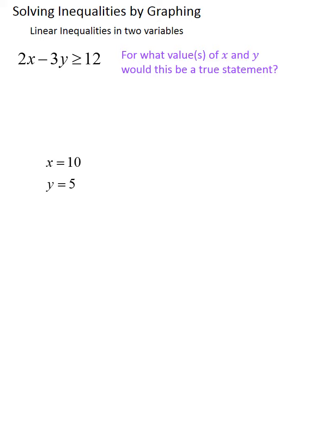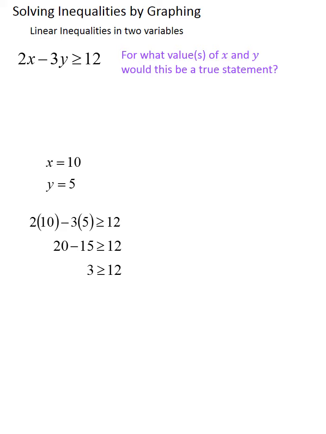Again, I'm not suggesting that you should plug random numbers into the problem. That's not an efficient solving technique. But for the moment, just think about these two values. If I were to plug them into the inequality and did the math, I would get a false statement. 3 is not greater than or equal to 12.